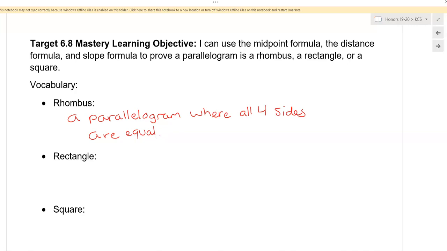Rhombus is not the word we teach children for this shape. The shape we usually say is diamond. So it's like a squished together square, right? But all of those sides are exactly the same. Okay? So it's a parallelogram where all four sides are equal.